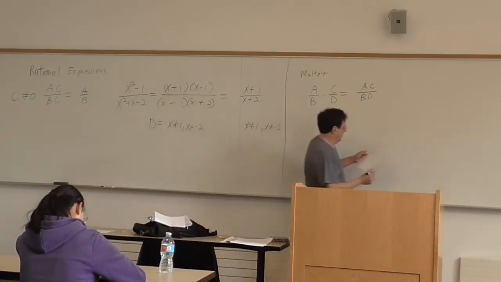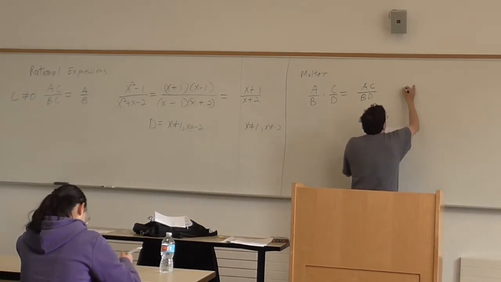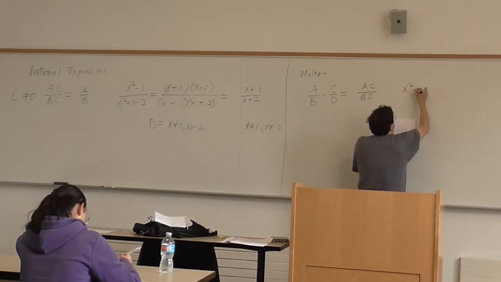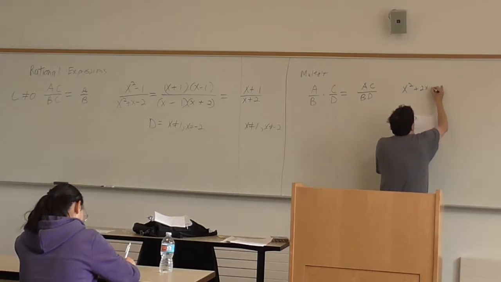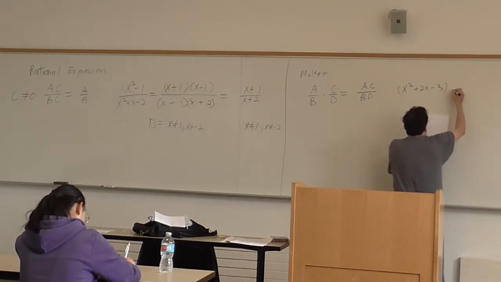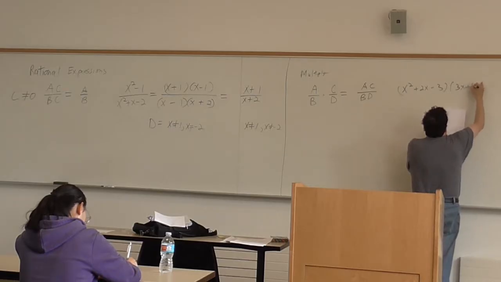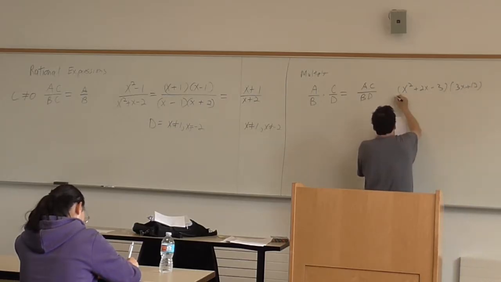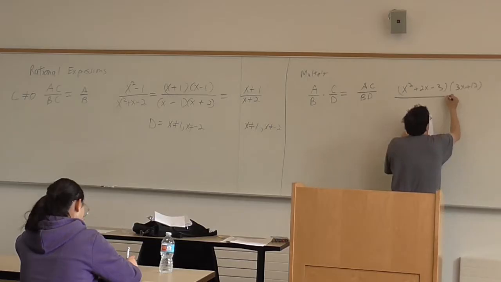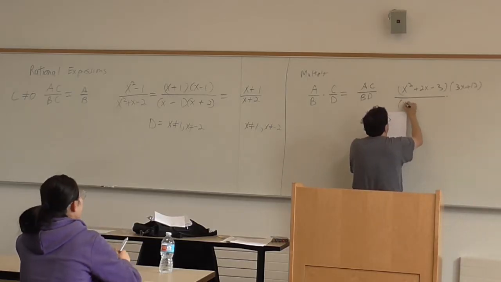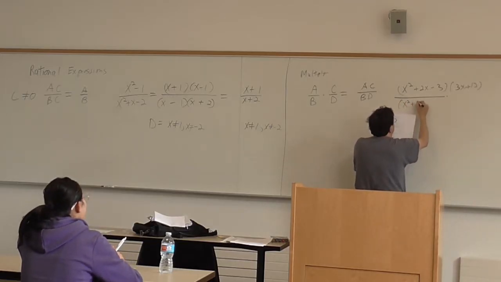Here's an example. We have x squared plus 2x minus 3 times 3x plus 12. Should write the whole thing out, shouldn't I?